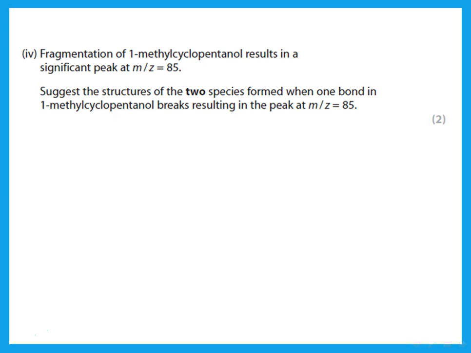So draw the structures of the two species formed when one bond in 1-methyl cyclopentanol breaks, resulting in a peak of M over Z 85. If you look at the 1-methyl cyclopentanol, that is the one that had a CH3 in that place. So if I break it, it gives two parts. It gives the part with the OH and the part of the methyl group.